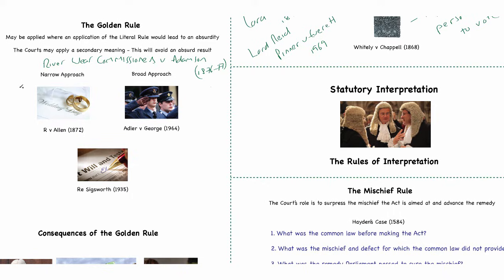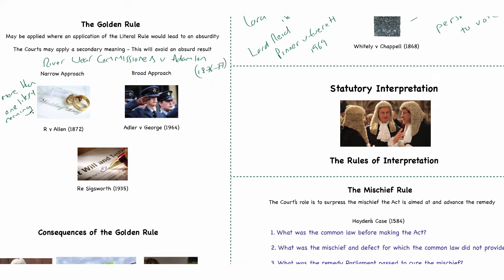The narrow approach is applied when the word or phrase is capable of more than one literal meaning. So if there's more than one literal meaning, then the narrow approach is applied.